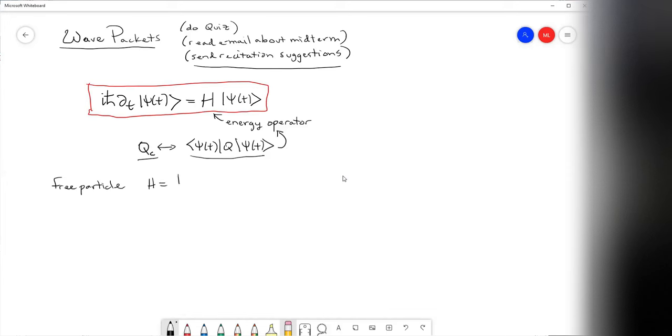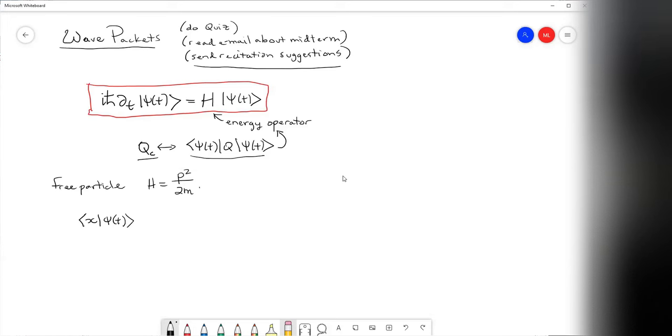So the energy there is just p squared over 2m, just the kinetic energy. And that's what we're going to look at. In particular, we want to know what the wave function is associated with a state psi of t, right? What's this wave function?